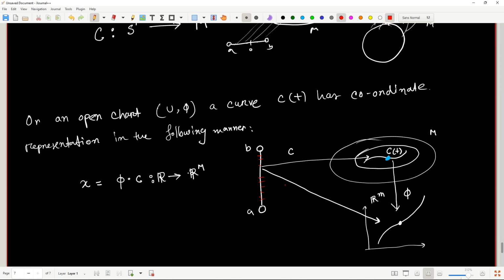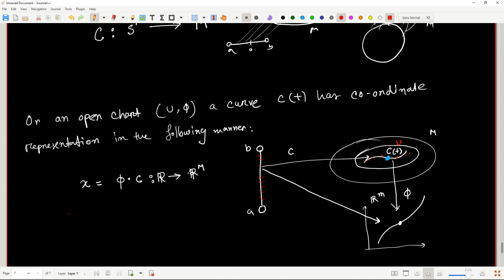You define a map from this interval to the manifold, or so to say the open chart to be more precise. Or you can have a curve and then you draw some open set around it, or open chart around it, whatever you want to call it. And then you use the local homeomorphism to assign some coordinates to any point on this curve. So if you do this for all those points, you'll also have a curve in the m dimensional space.